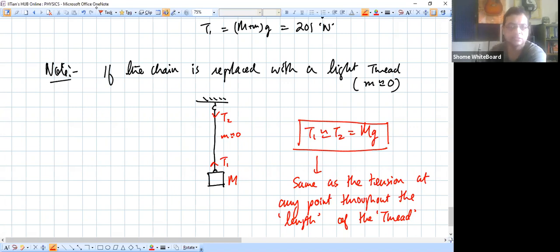So that is why your T1 is 201, whereas T910 is 200.1, no? Like that. Yes, yes. That's correct.